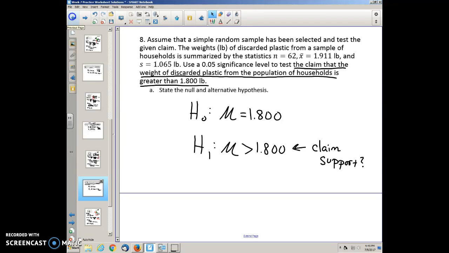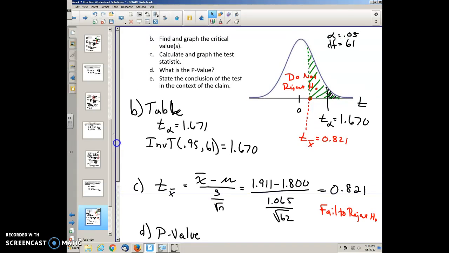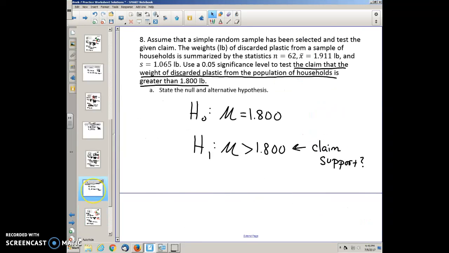We are testing the claim that the weight of discarded plastic from the population of households is greater than 1.800. When we fail to reject the null hypothesis and the claim was with the inequality, we are saying there is insufficient evidence to support the claim. So there is insufficient evidence to support the claim that the weight of discarded plastic from the population of households is greater than 1.800 pounds.